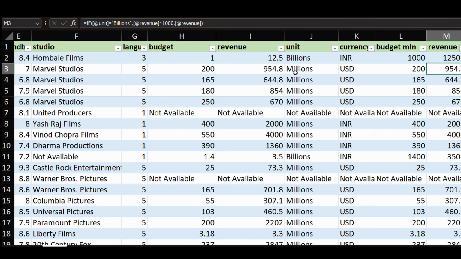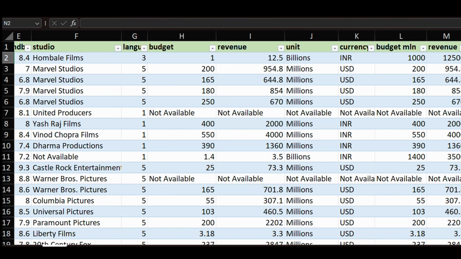Now you got the revenue. You can cross check also: this is 12.5 billions, and if you do that conversion, you will get this many thousands of millions.